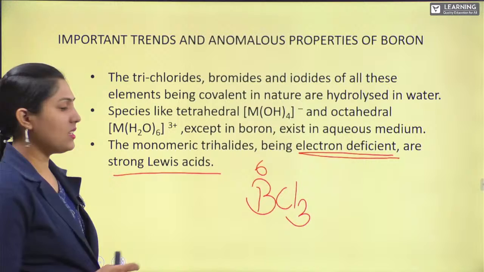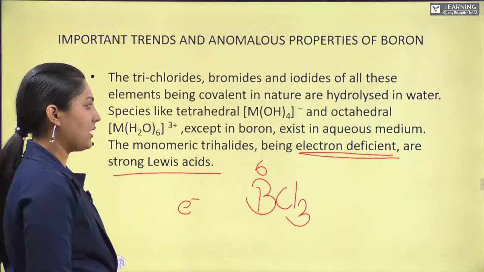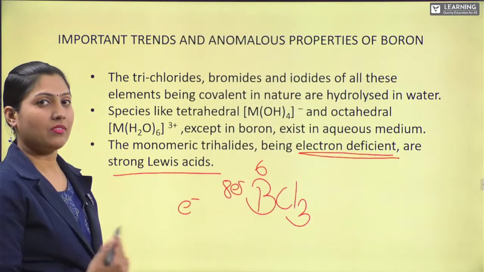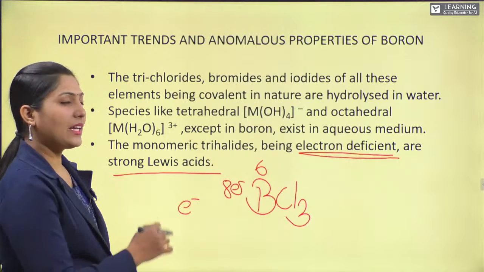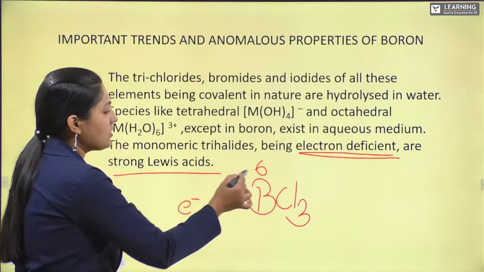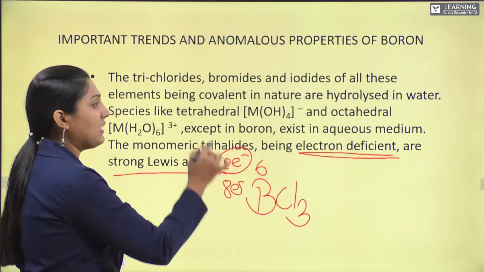Electron means negatively charged particle, deficient means they are less in number. It should have 8 electrons in the outermost shell, but even after bonding they don't have 8 electrons. They don't attain the octet structure. So how many electrons are less for them? 2 electrons are less. So these 2 electrons are deficient.